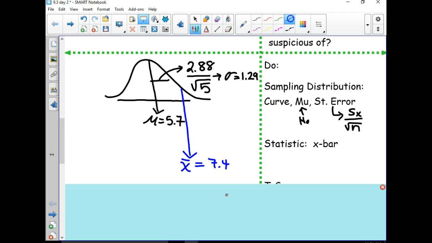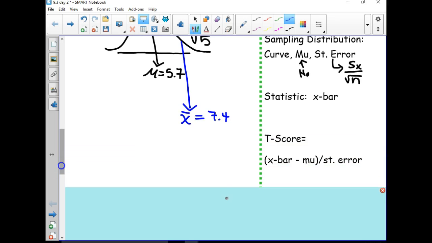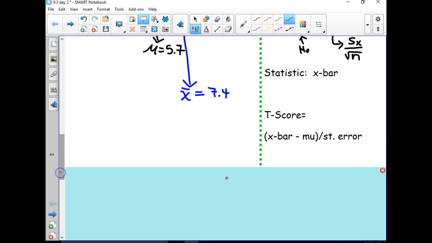Now, instead of finding a z-score, because we're using the t distribution that goes with your means, your quantitative data, we're going to find the t-score. And there's your formula for the t-score. So my t-score is equal to 7.4 minus 5.7 divided by 1.29.